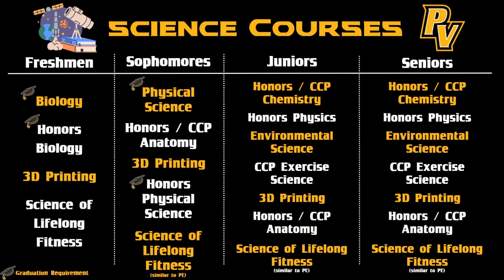If you are looking for a class that is similar to PE, I would highly suggest checking out Mrs. Williams' Science of Lifelong Fitness. She kind of teaches you how the body works and how to continue to be physically active for the rest of your life. And they do play games and stuff in there periodically every week. So I would highly suggest taking advantage of that if you are interested in a PE.